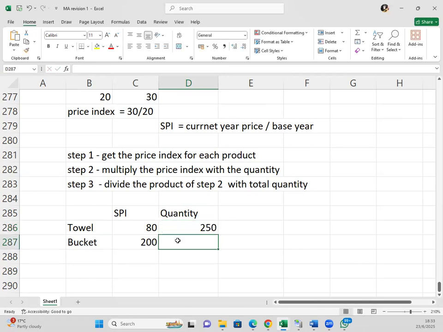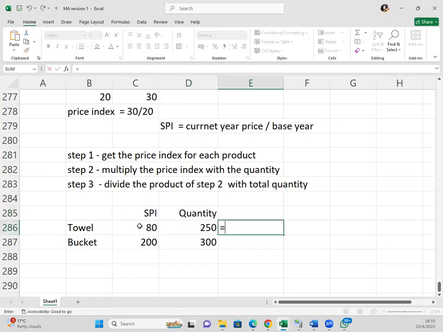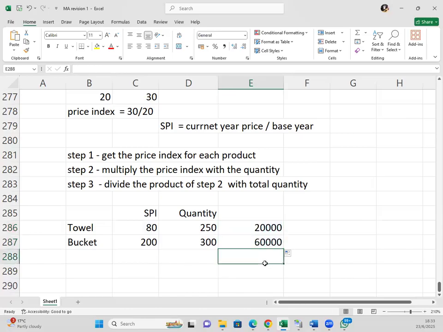And what was the other? 300. Then let's get the product. So the product of price index and the quantity. $20,000. Then we are done with step 2.